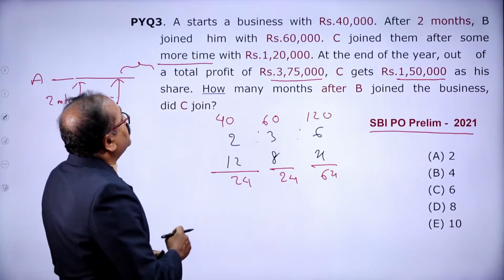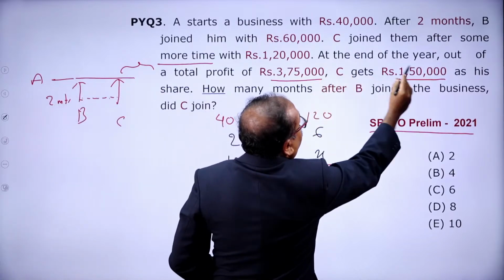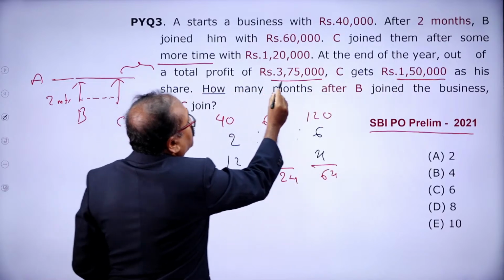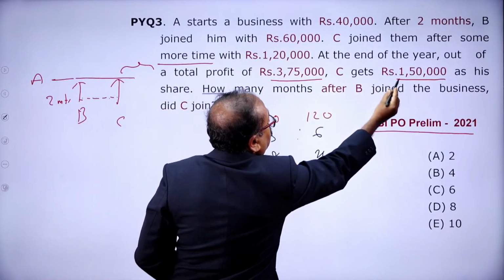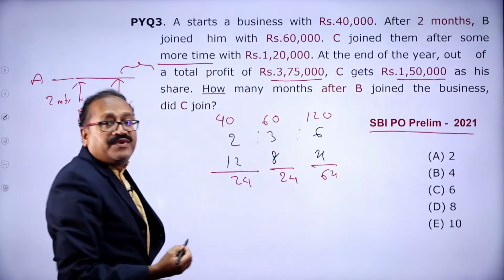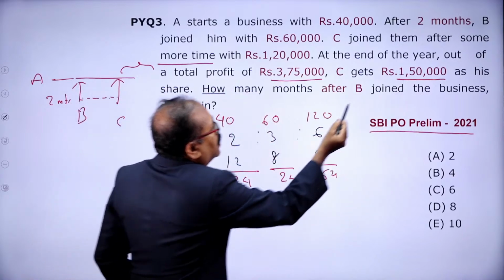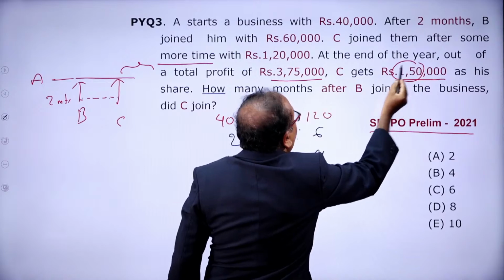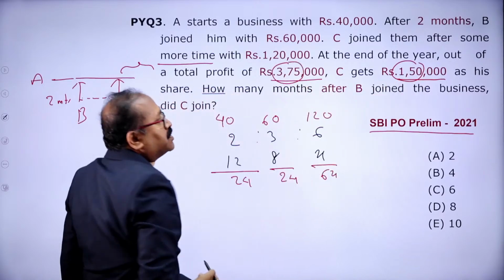And someone's profit is given here. Out of the total profit of 3,75,000 at the end of the year, C gets 1,50,000. So I will take this 150 and here 375.